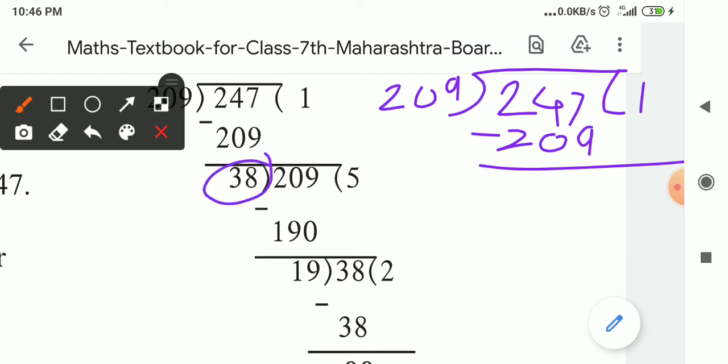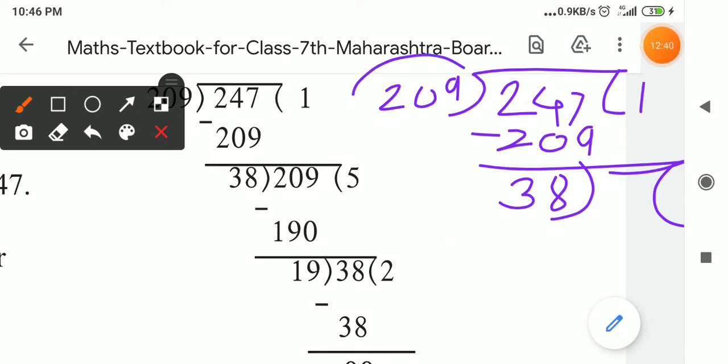So the subtraction gives 38. We divide 209 by that 38. 38 5s are 190.